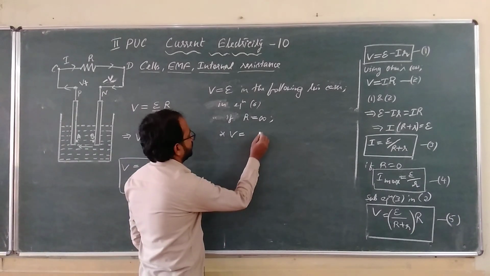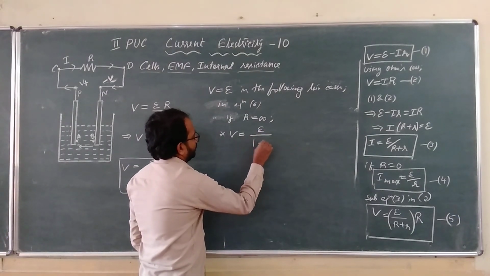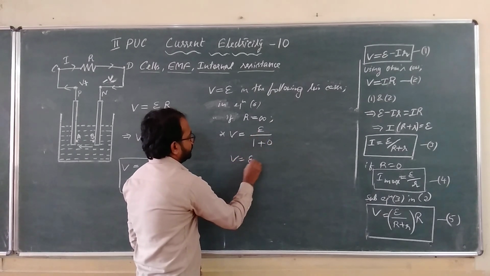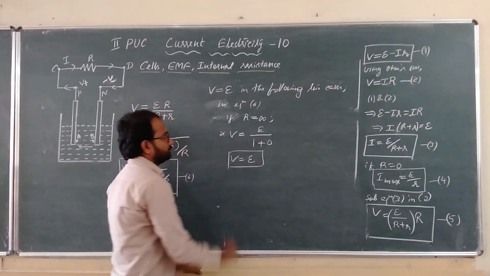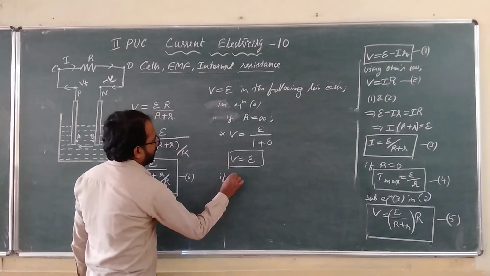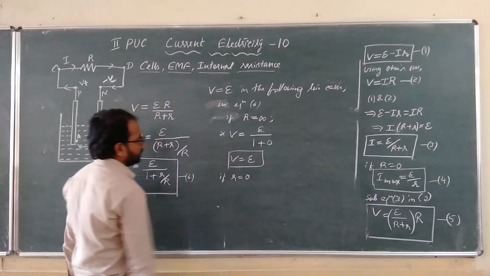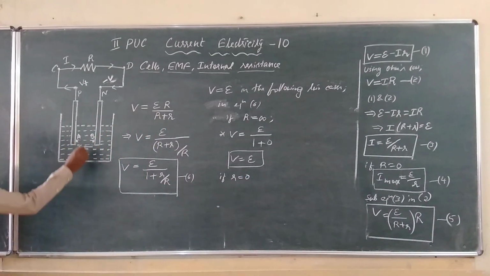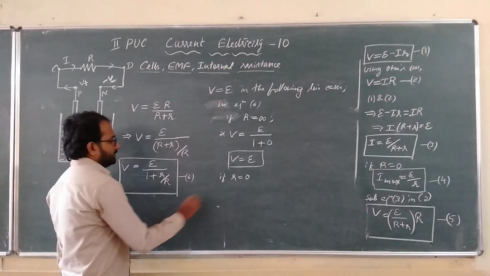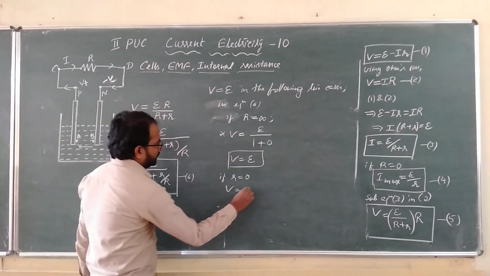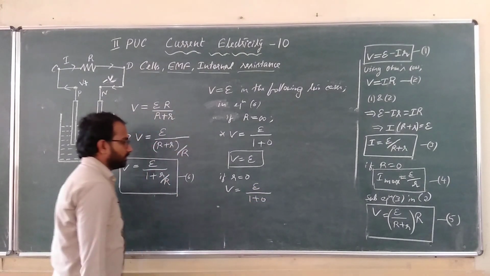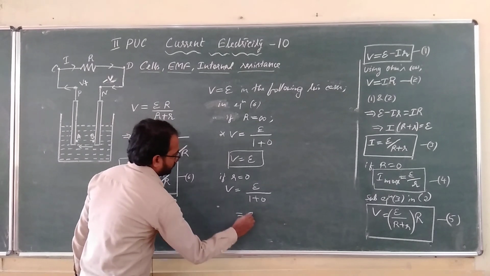V is equal to E by 1 plus, since R is infinity, this is 0, V is equal to E, right, that we discussed. Or if small r is equal to 0, small r is the internal resistance of the cell, if it is equal to 0, then V is equal to E by 1 plus 0, which is equal to E.